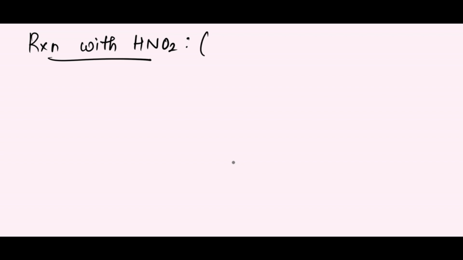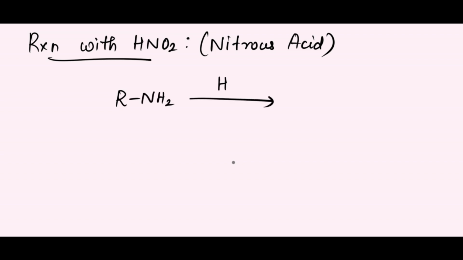The next reactions are very important. That is reaction with HNO2, nitrous acid. It's not nitric, it is nitrous. So primary amine with HNO2 gives OH with the escape of nitrogen gas.